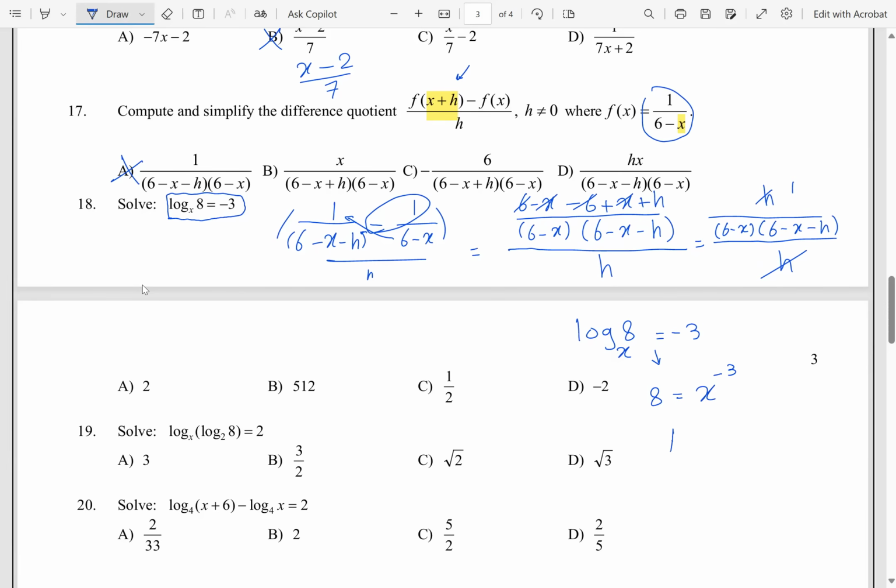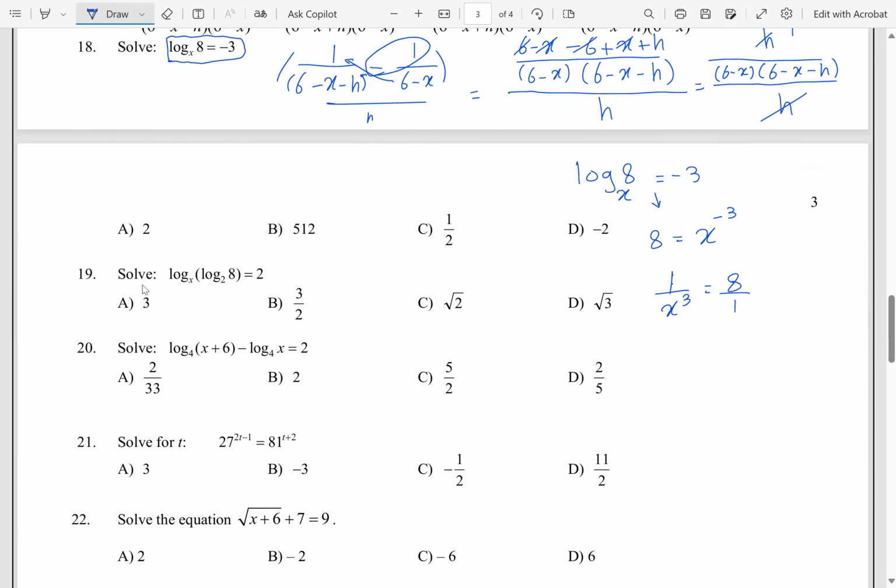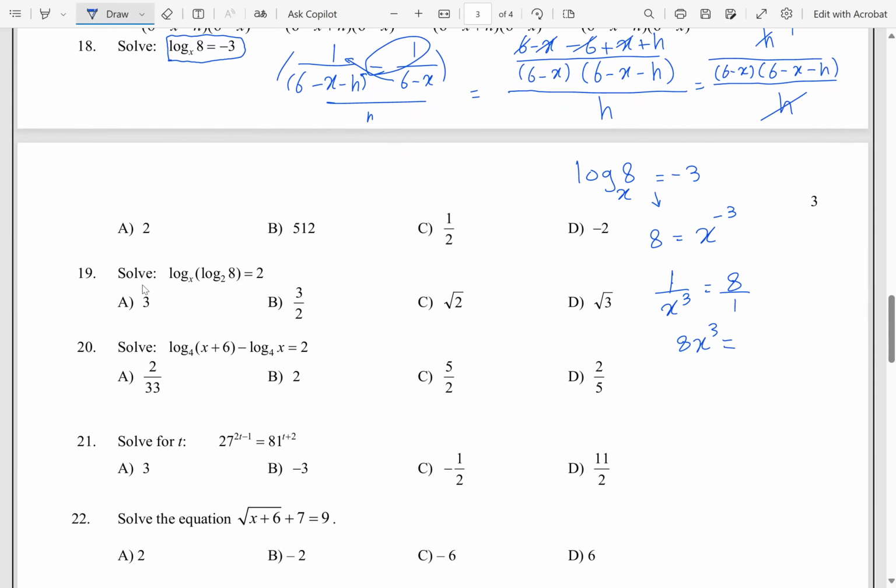X to the power of negative 3, it means 1 over x cubed is equal to 8, which is 8 over 1. So cross multiplication, you can write 8x cubed is equal to 1. So the x cubed is 1 over 8. So the x value is the cube root of 1 over 8, which is 1/2. So the answer is 1/2.